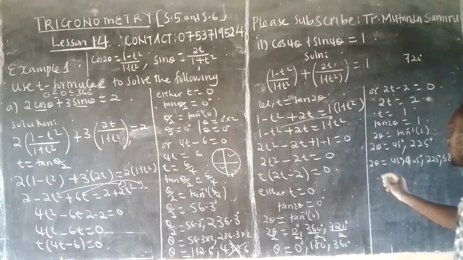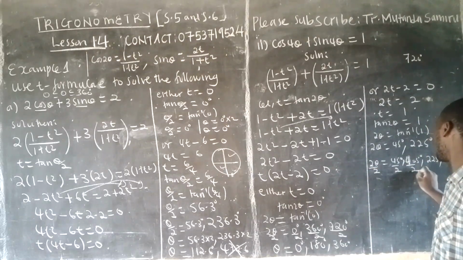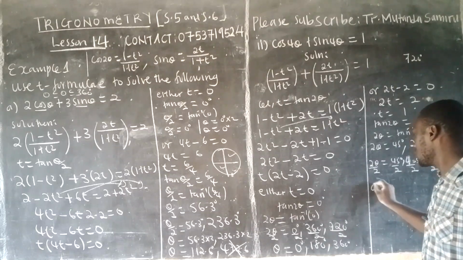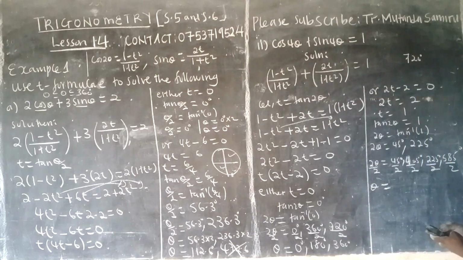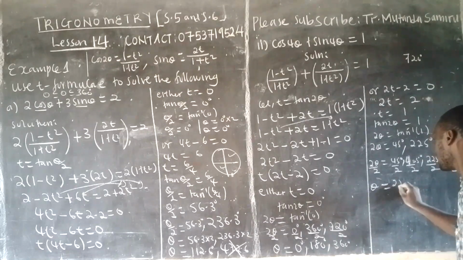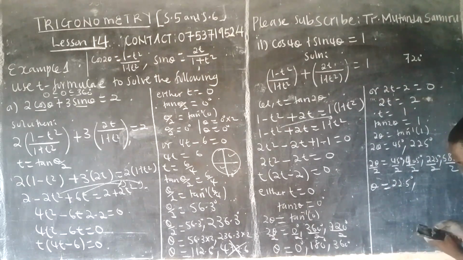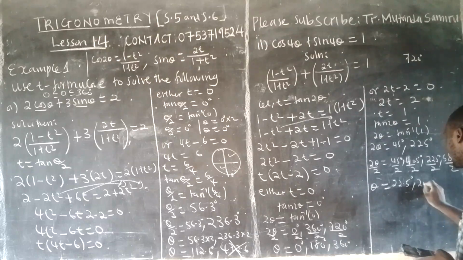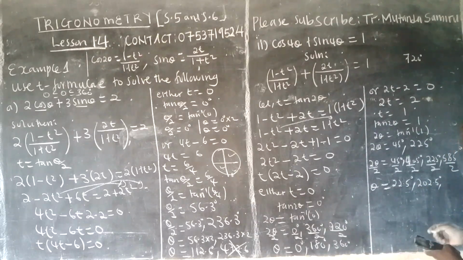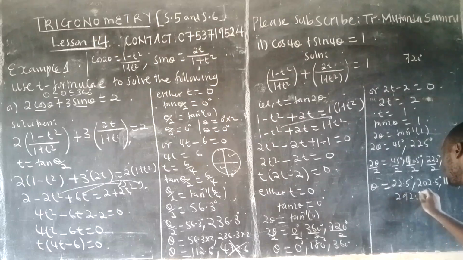Now what you do is divide by 2. So the values of theta will be 22.5, from 45; 405 divided by 2 is 202.5; 225 divided by 2 is 112.5; and 585 divided by 2 is 292.5 degrees.